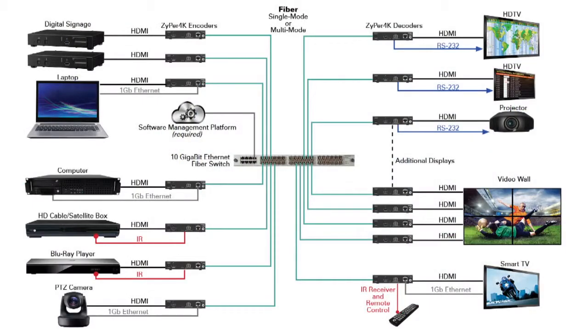So within this architecture we have a variety of different sources connecting into our encoder modules, and their job is to take the video, audio, control signals from the source and put them onto the network.